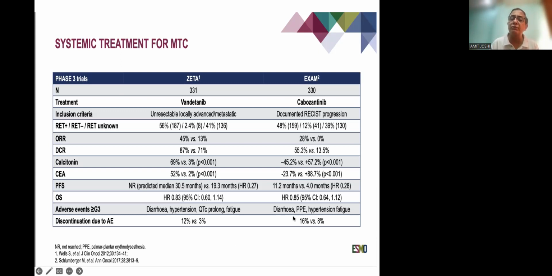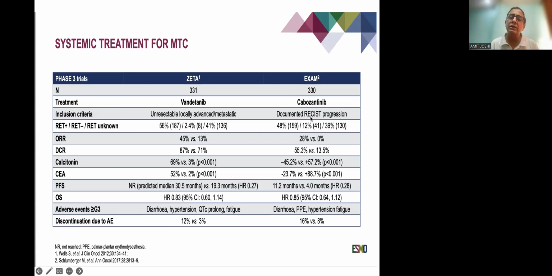So in the cabozantinib trial, patients were included when there was a clear-cut progression of the disease, either symptomatic or radiological. From the study endpoint point of view, this is one of the important differences between vandetanib and cabozantinib, and it seems to be a better criterion.